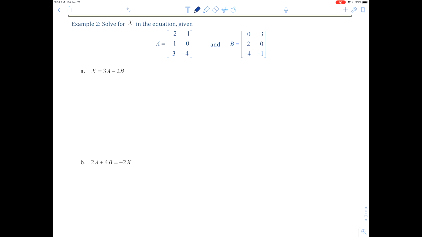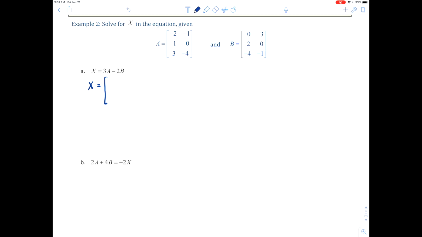Solve for X in the equation, given that A equals -2, -1, 1, 0, 3, -4, and B equals 0, 3, 2, 0, -4, -1. So this matrix X is equal to 3 times A plus -2 times B. If you don't mind, I'm going to go a little faster and bring my scalar in right off.